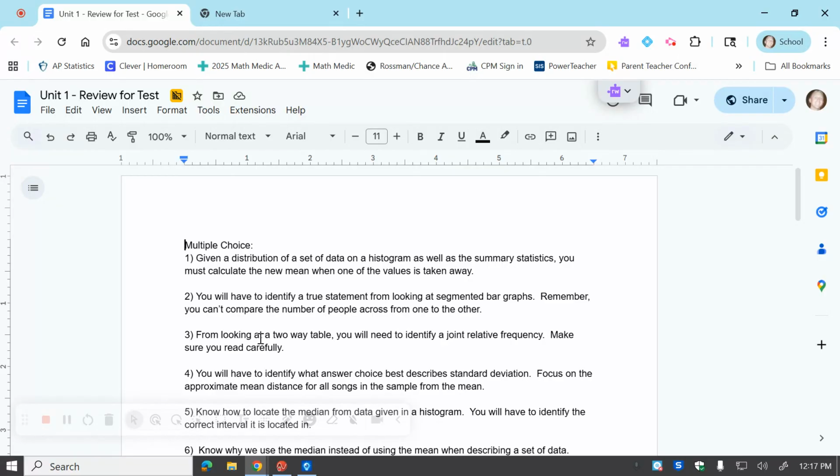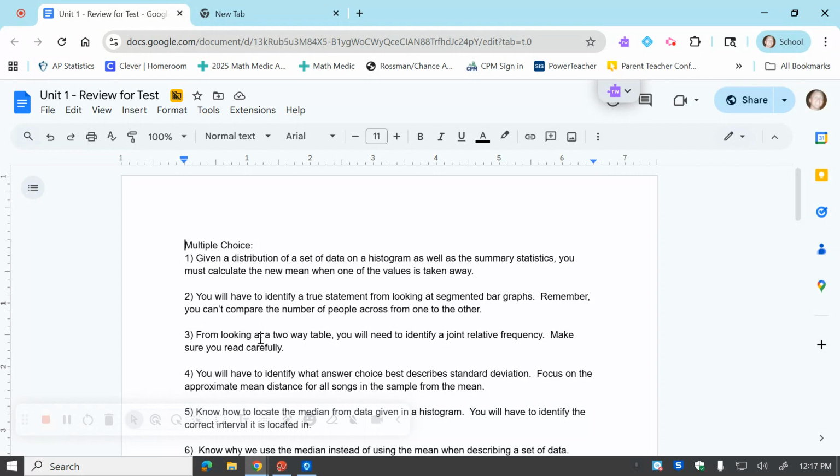So it says, given a distribution of a set of data on a histogram, as well as the summary statistics, and summary statistics, all the statistics that you've seen many times when we've gone to the Statlet, you must calculate the new mean when one of the values is taken away. So, you're told in the problem what the maximum value is.